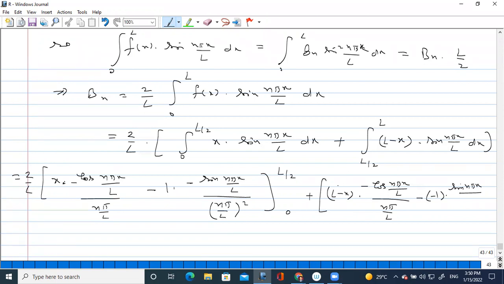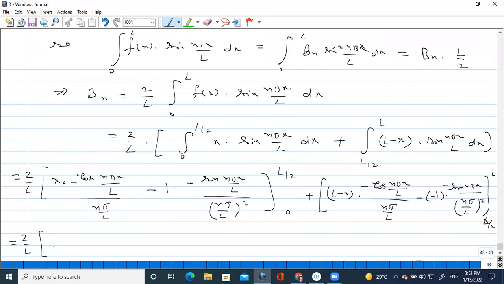Minus 1, how? Because you take minus of the differentiation of this with respect to x, that will be minus 1 only. sin(n pi x by L), that is the double integration, but with that also a minus will be there. Divide by (n pi by L) whole square, and limits of these are L by 2 to L. Like this you can do. Now you can simplify it.